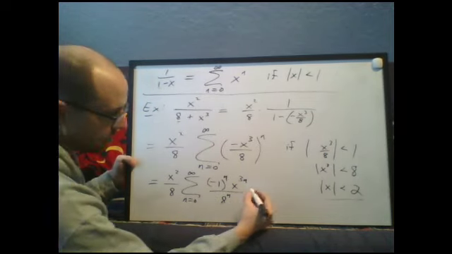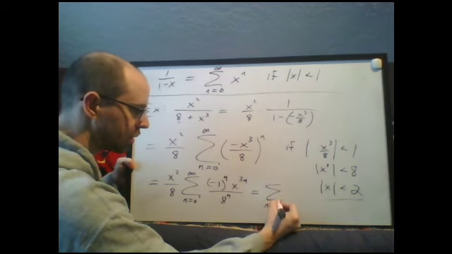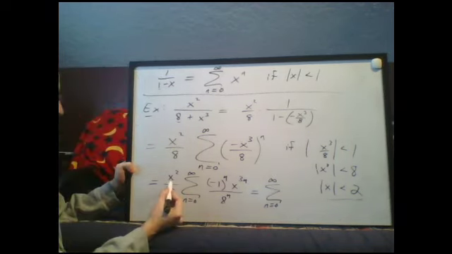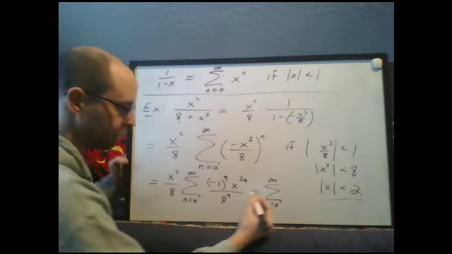So what happens then is, if I want to write this as a single summation, x squared gets combined with x to the 3n to give me x to the 3n plus 2.